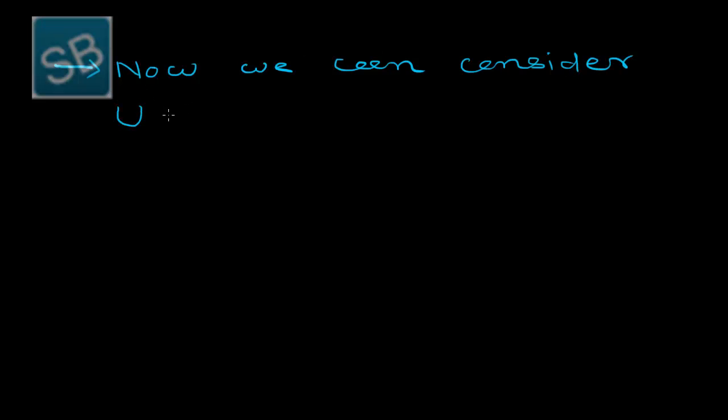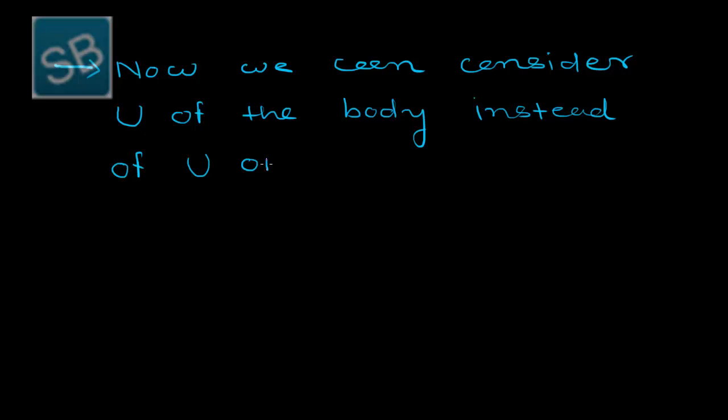And hence we only consider the potential energy of the body. So for that, one sentence can be written. Now we can consider gravitational potential energy of the body instead of gravitational potential energy of the system.